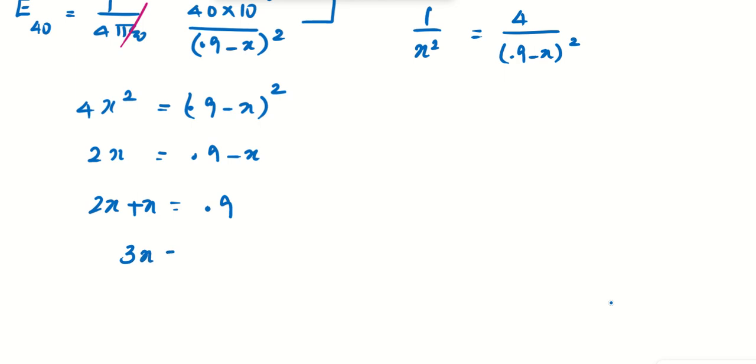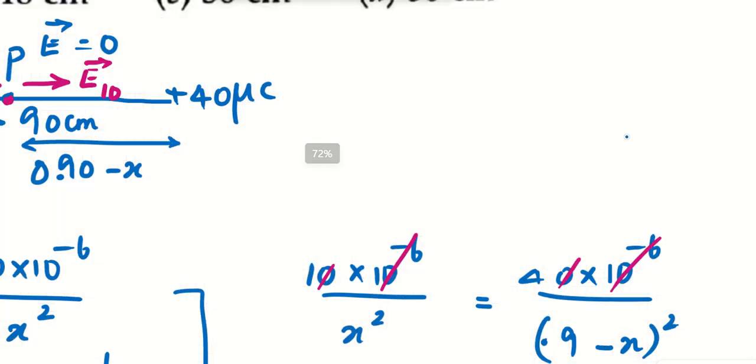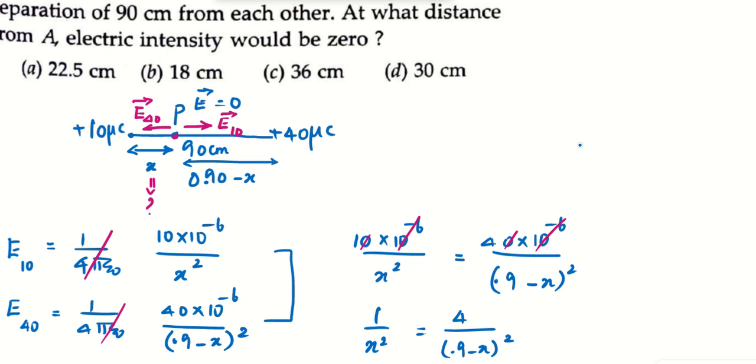So 3x gives you 0.9, x equals 0.9 divided by 3, which is 0.3 meter. That's all. We have found out the distance of point P from 10 microcoulomb is 0.3 meter. That's it. Thank you.